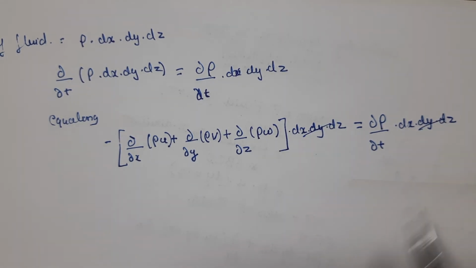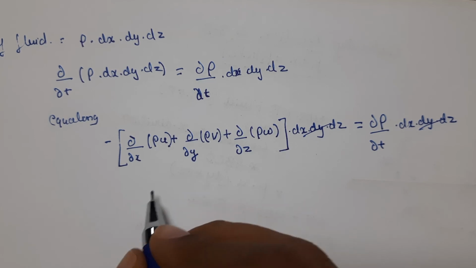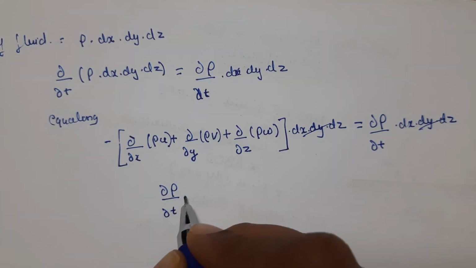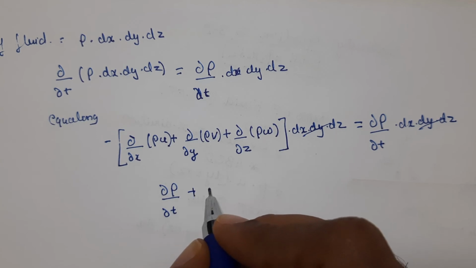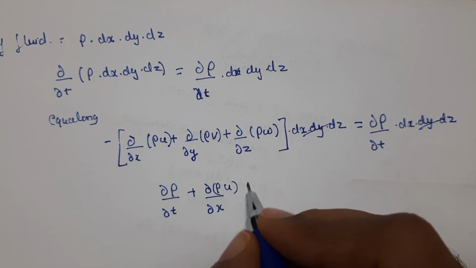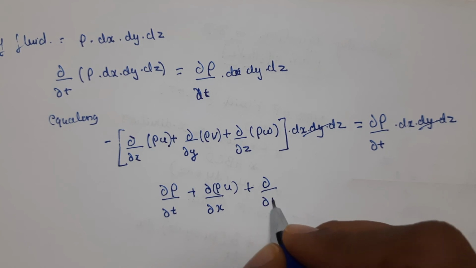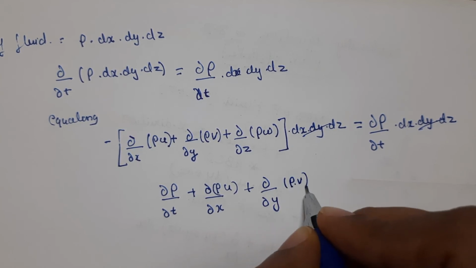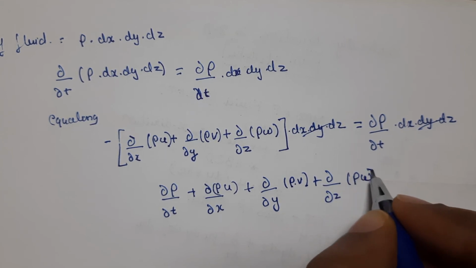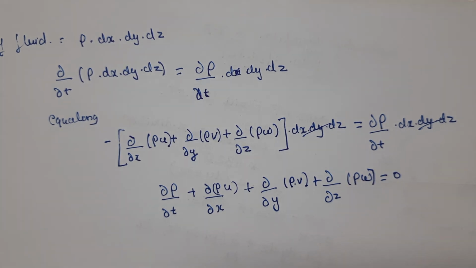Cancelling out these two, and moving the terms to the other side, minus becoming plus, we get ∂ρ/∂t plus ∂(ρu)/∂x plus ∂/∂y of ρv plus ∂/∂z of ρw, that will be equal to 0.